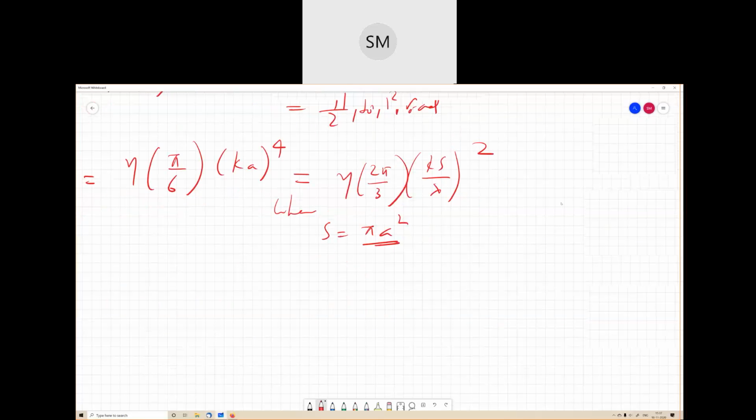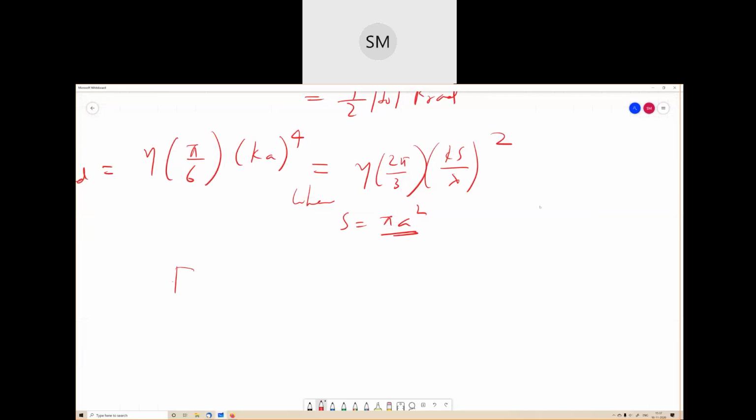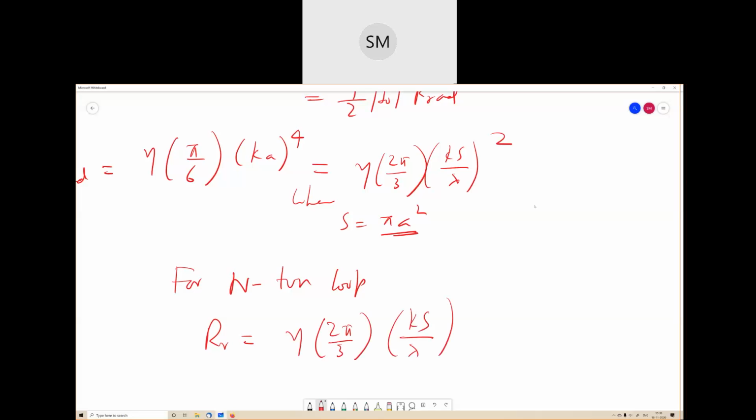For an n-turn loop, R equal to eta pi by 3 s by lambda squared.